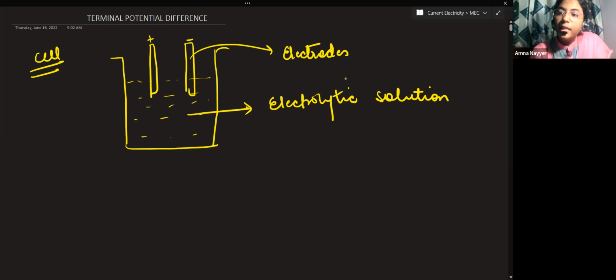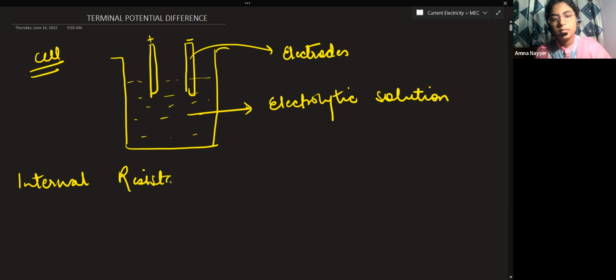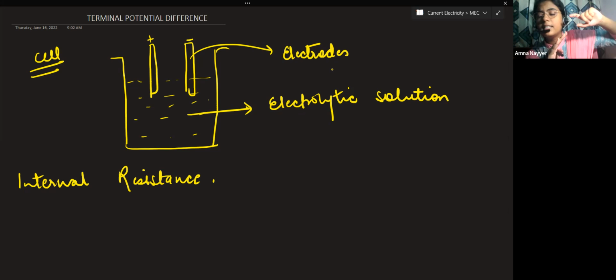Now these electrodes and the electrolytic solution offer resistance, which we call the internal resistance. Why are we referring to it as internal resistance? The reason is that you have the resistance which is offered by the cell and present within it.